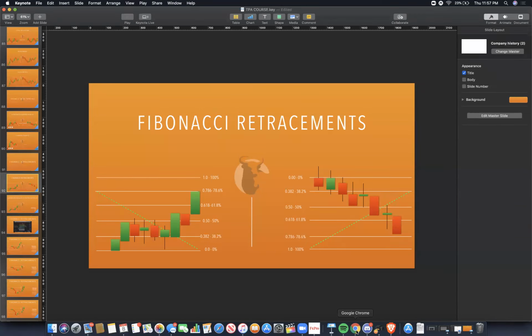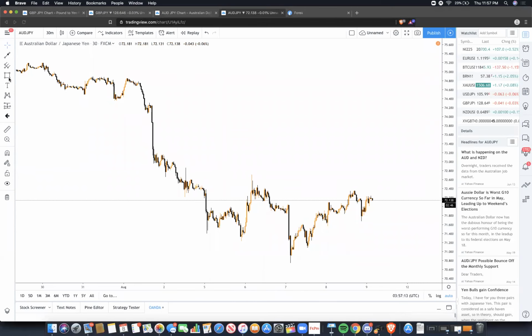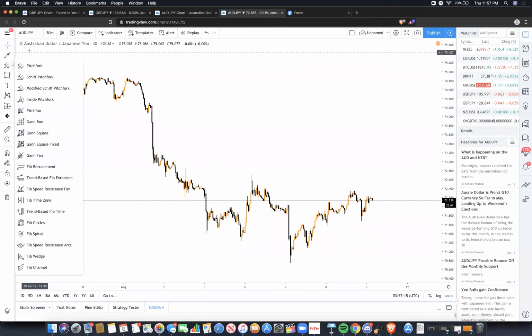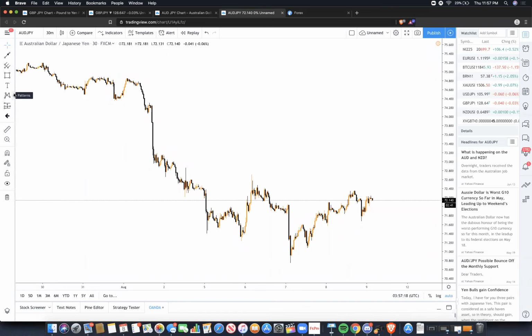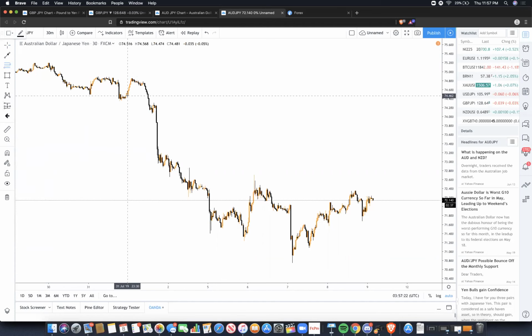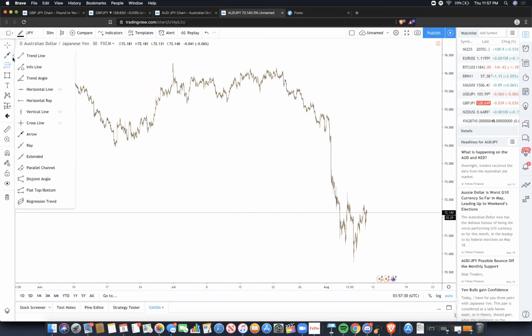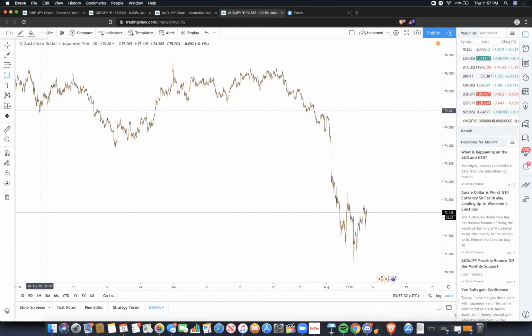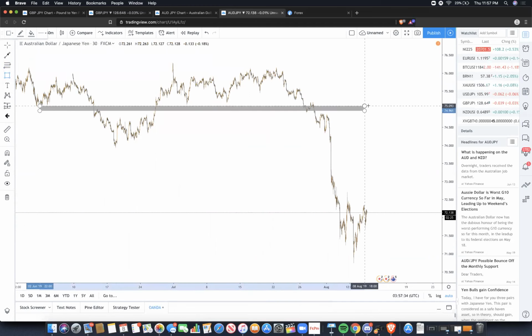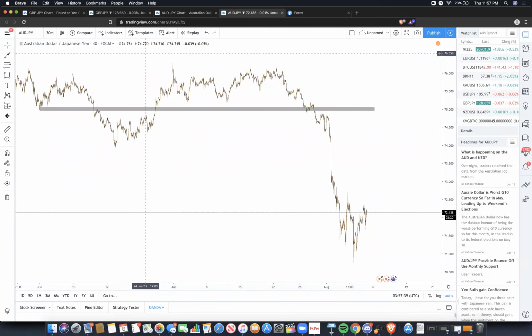So let's look at the chart real quick. When you're on TradingView, you go down to the pitchfork and select Fib retracement. Before I select that, let me identify some zones, going off just simple price areas.